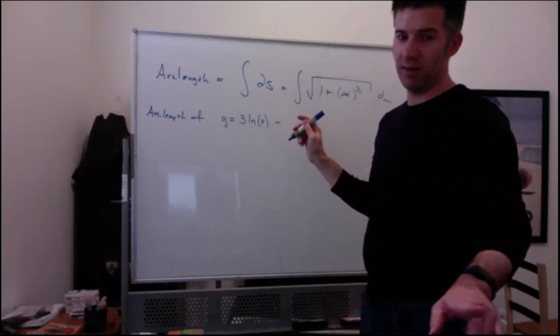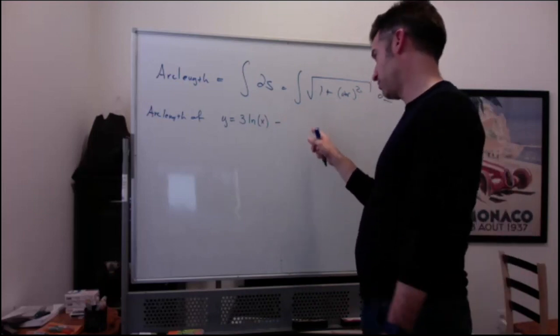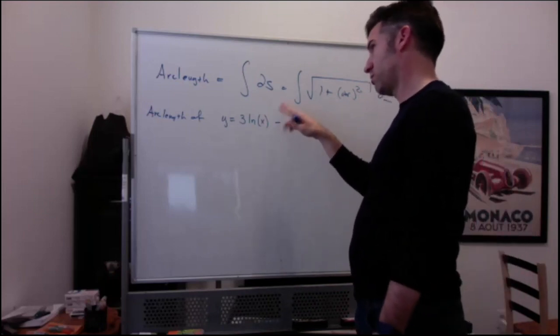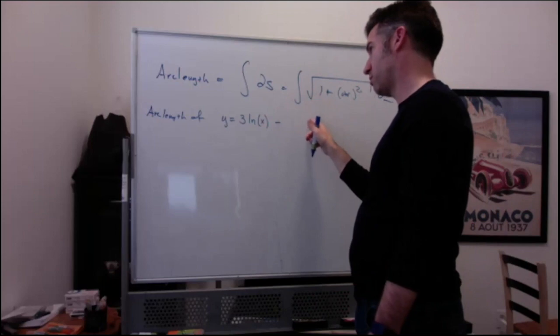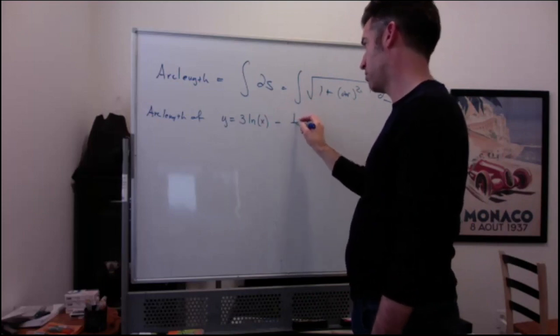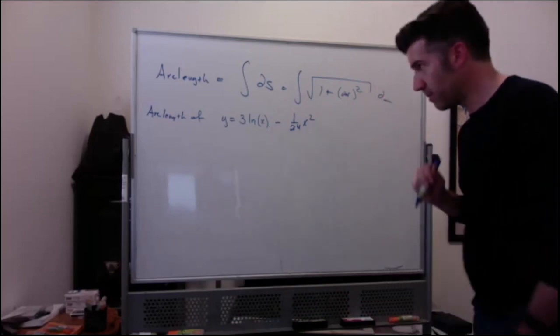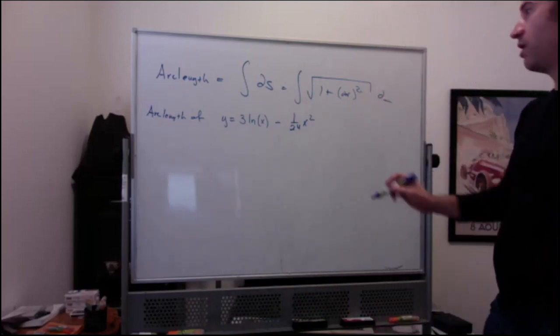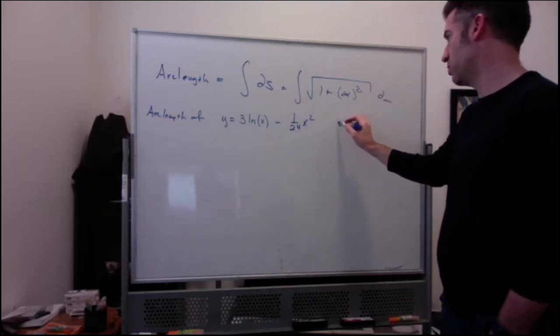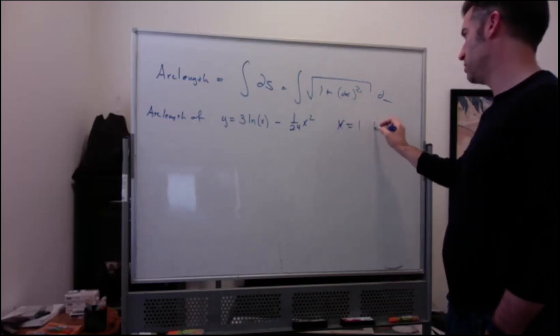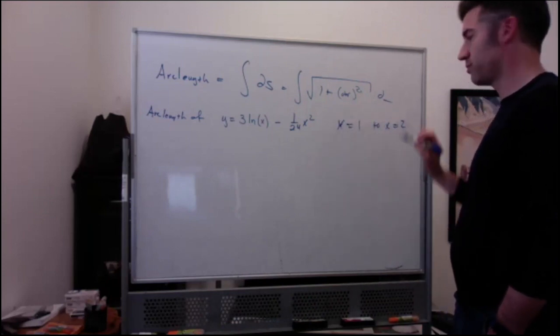Sorry, I have to think about what this needs to be. Just one sec. 1/24 x squared, from x equals 1 to x equals 2.